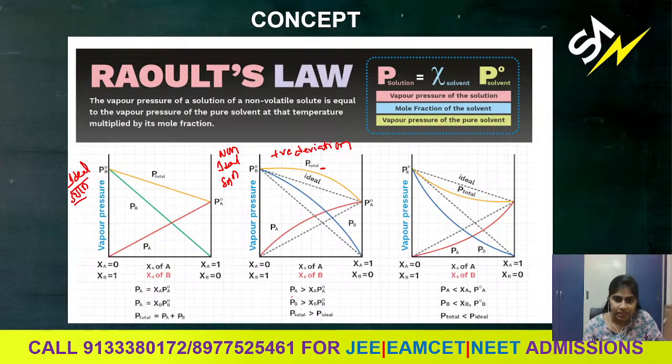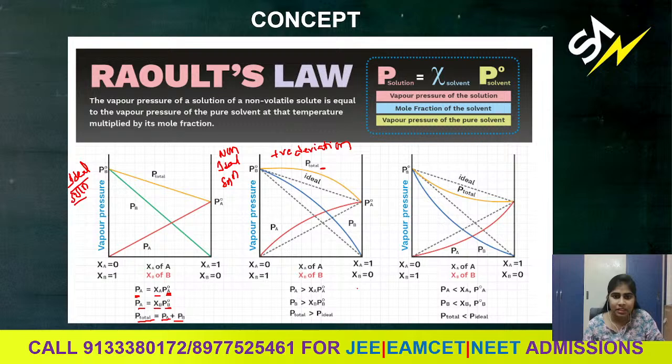Here the vapor pressure PA is equal to the mole fraction XA times P naught A, the vapor pressure in its pure state. Here also PB is equal to XB times P naught B. The total vapor pressure is the sum of PA plus PB.